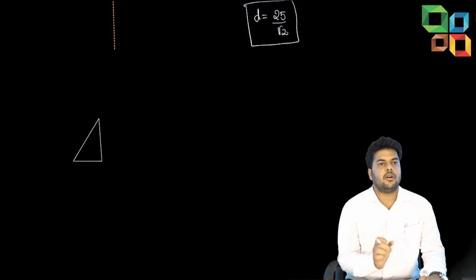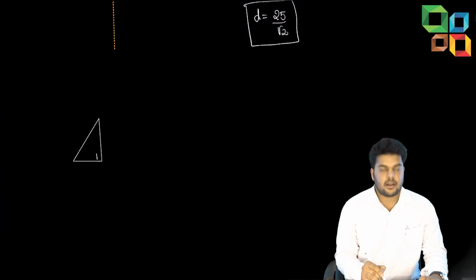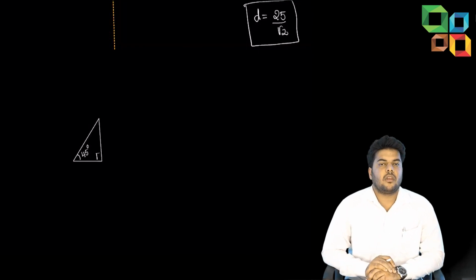You can see that I've tried to draw it small, right? But this triangle is special, because one of the angles is 45 degrees. Now, if it's 45 degrees, Aishwarya, what can you say about this particular triangle? What are the other angles? One is 90 degrees. It's a right angle triangle, I have no choice there. If one of the angles is 45 degrees, what is the other angle?